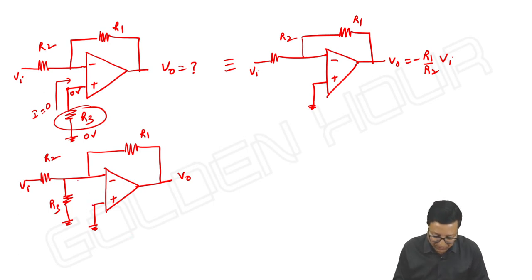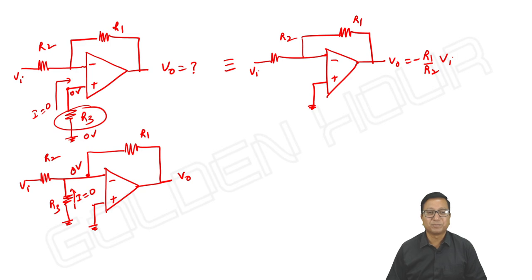So due to virtual short, it is 0 volts here and here it is 0 volts. Is there any current that is possible through R3? Simply 0. Means R3 does not play any role. So this circuit is equivalent to this. Okay. So R3 is not playing any role here.